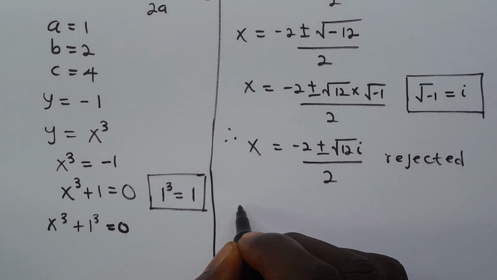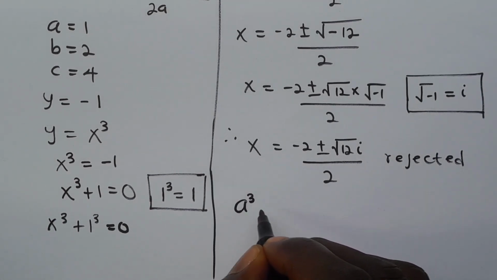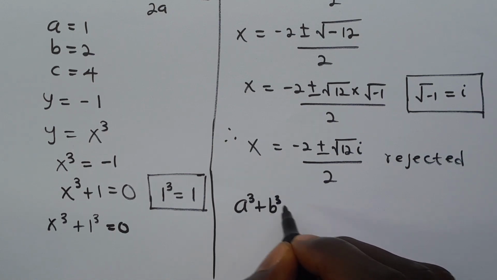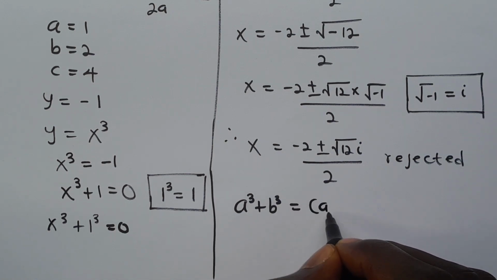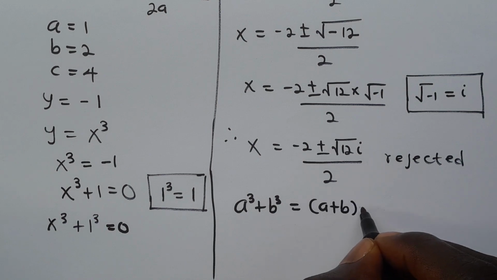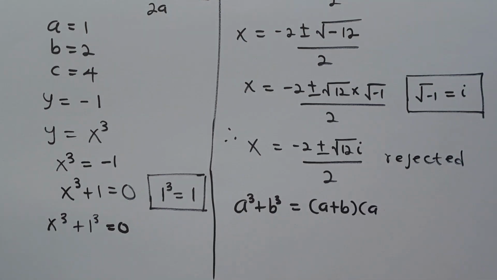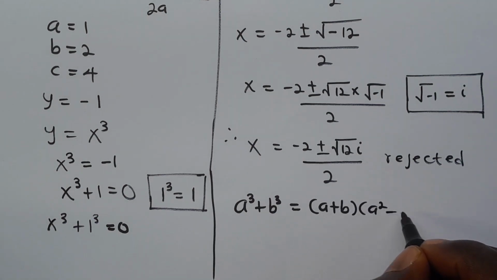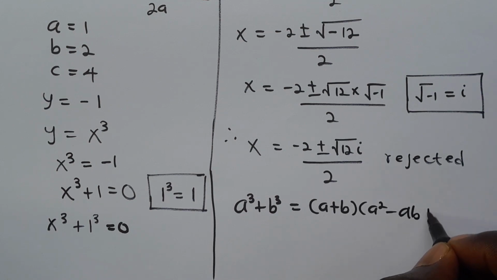So we have a cube plus b cube to be equals a plus b, all in brackets, multiplied by a square minus ab plus b square.